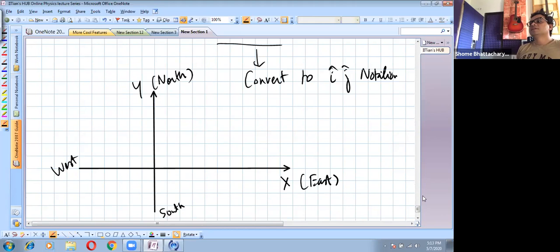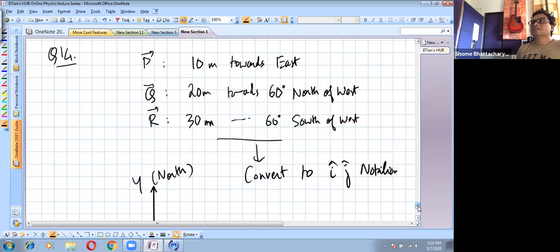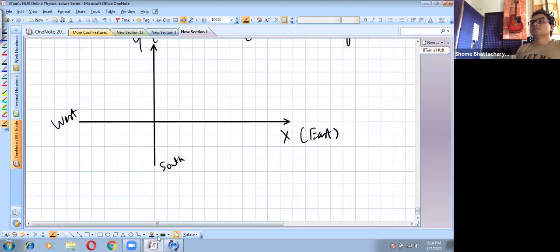Now in this diagram, let us understand where each of my vectors will be placed. One is 10 meters towards east, the other is 20 meters, like that. Okay? So 10 meters towards east is very simple. This will look like this. This is where my vector P is placed. So this is my vector P, which is 10 meters towards east.